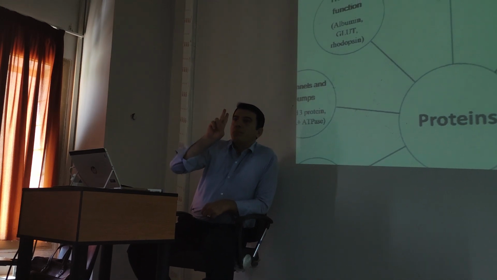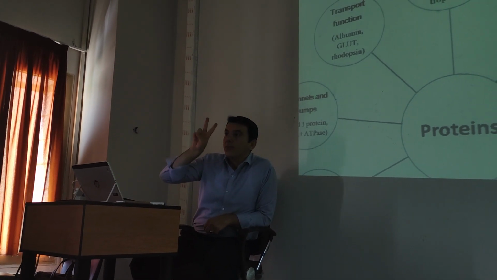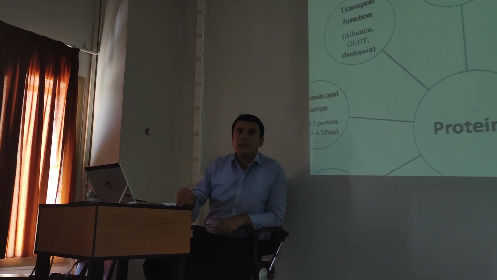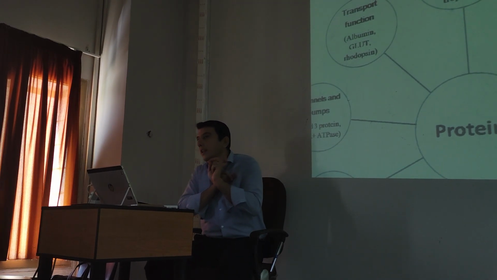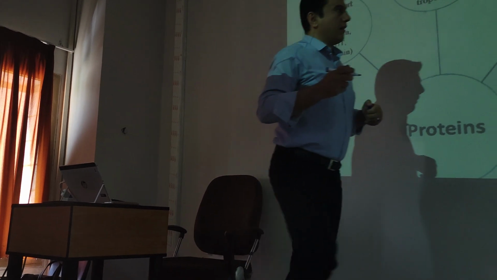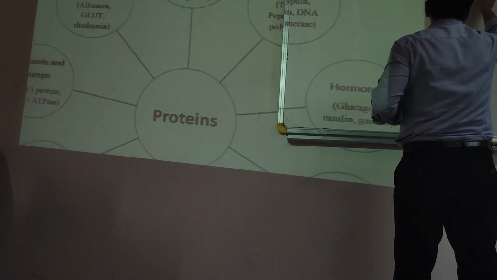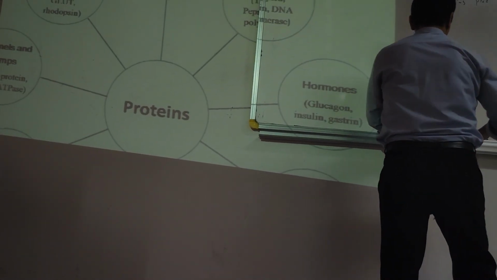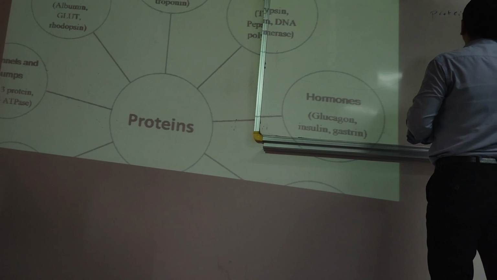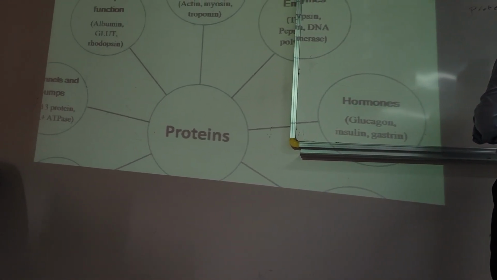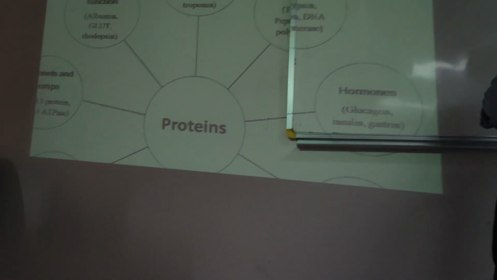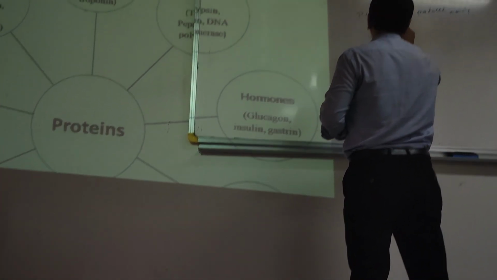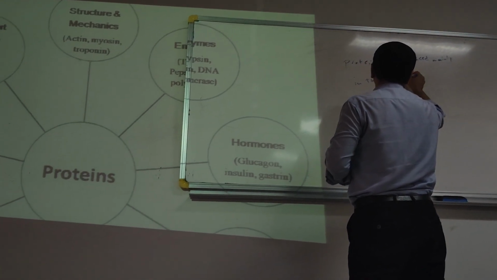There are two important sites for producing proteins. Proteins are produced mainly in two places.